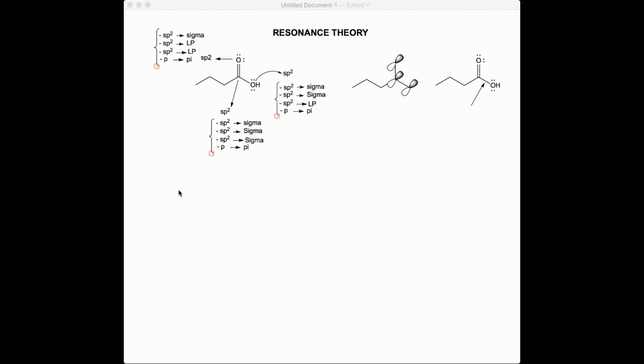So the bottom line is that this is a system which we are going to call a delocalized system. And a delocalized system is any molecule or ion with three or more sp2 atoms next to each other.